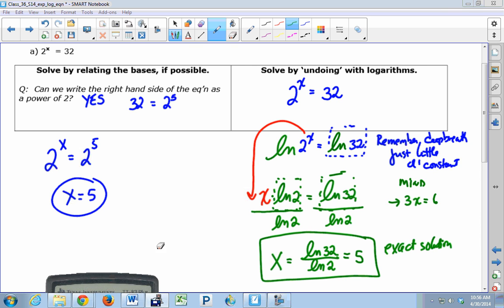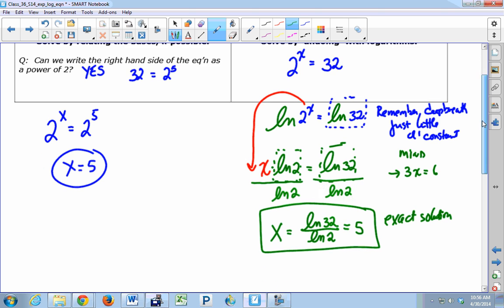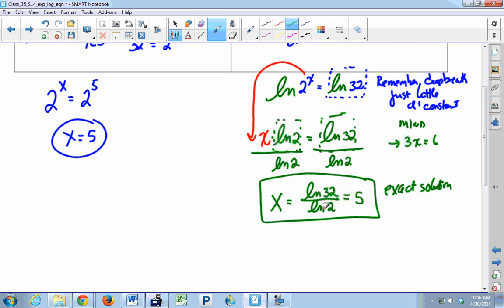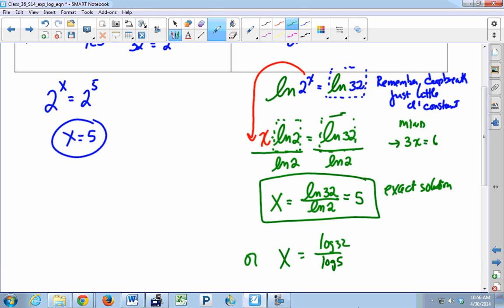All right, so Chris just said, would it matter if I took the common log of both sides? Well, let's see. If I took the common log of both sides, the only difference is down here, instead of saying natural log of 32 divided by natural log of 2, it would say log of 32 divided by log of 2.